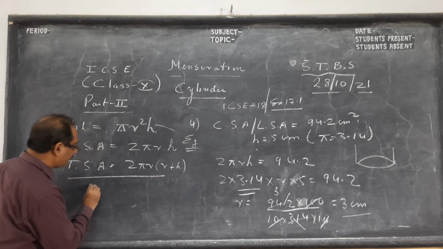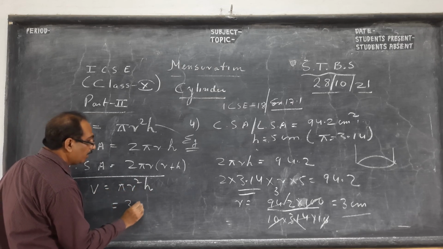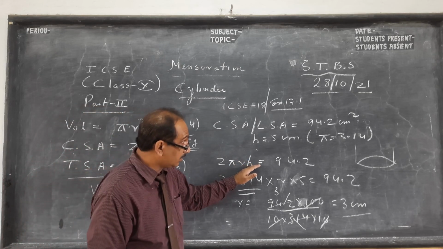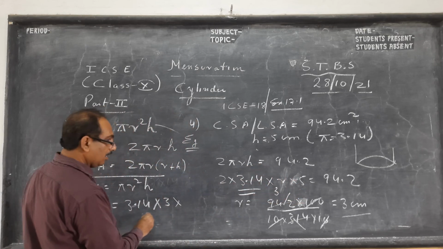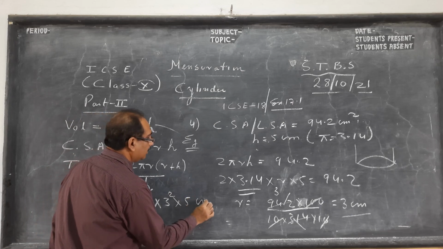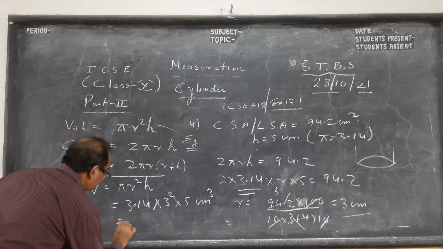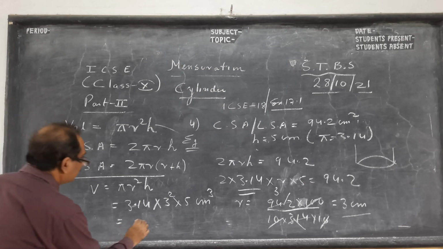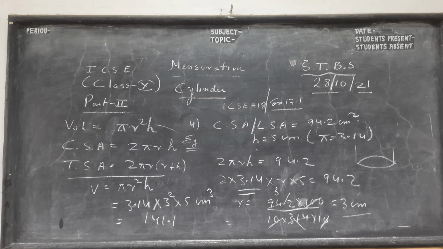So volume, here I am finding pi r square h. So pi is 3.14, children. R we have got 3. In this question height was 5. Radius we had to find. Okay, pi r square h, and this will be in cube unit, and this was radius in centimeter unit. So if you solve this, you will see 3.14 into 9 into 5, 141.3 centimeter cube.